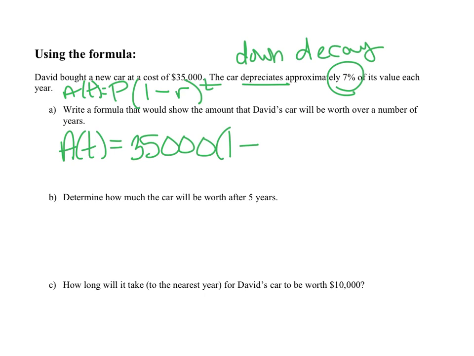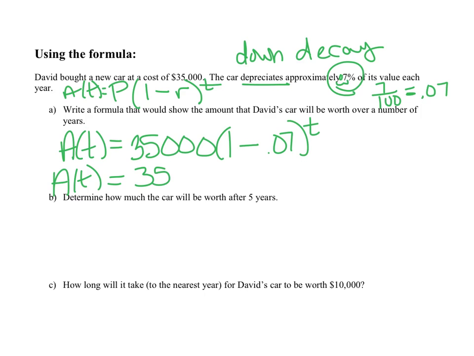Now it's 7%, but remember, you either divide that by 100 to get 0.07, or you move the decimal place over 2, whatever way you want to deal with it, to the t power. So the actual formula is 35,000 times 1 minus 0.07, so that's 0.93, to the t power.